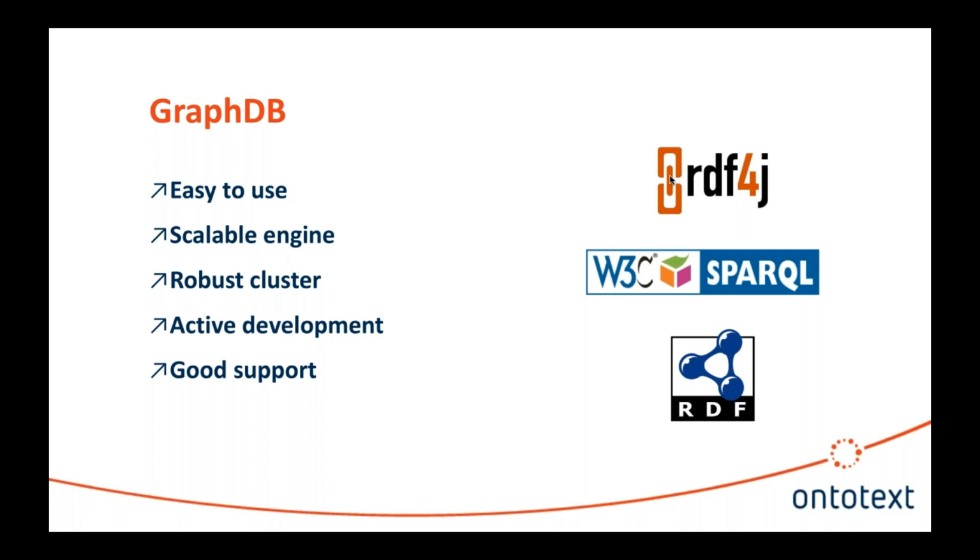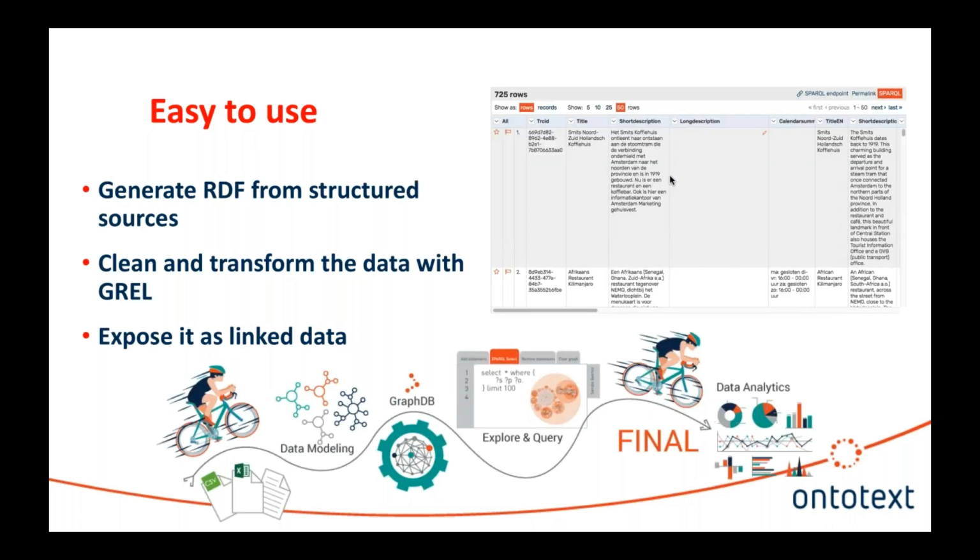Another distinctive factor of GraphDB is that the database is under active development, so you can check our roadmap and see how many new exciting features are coming. And also, not least, we give excellent support to our community and also commercial clients.